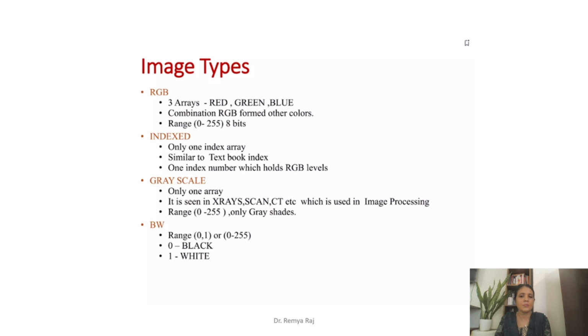Examples are X-ray scans, CT and so on. Black and white images constitute either a higher intensity or a lower intensity. The lower intensity is black and the higher intensity is white. That can be given as 0 for black and 1 or 255 for white.